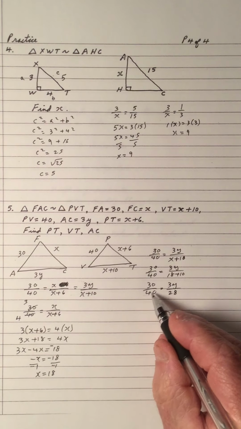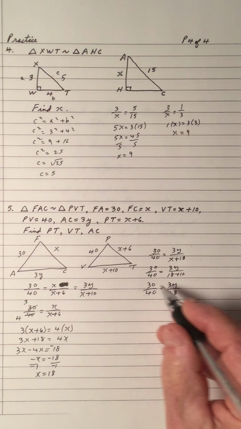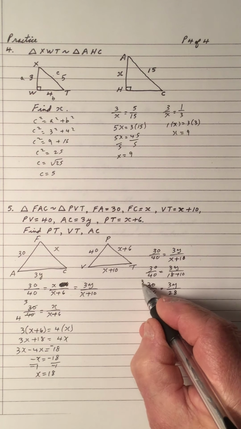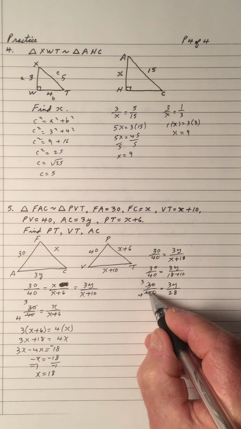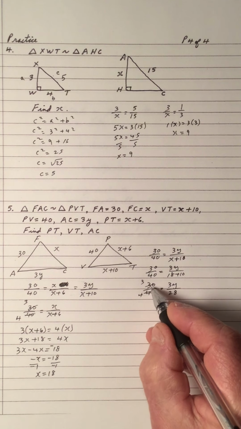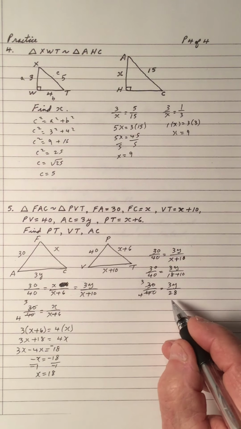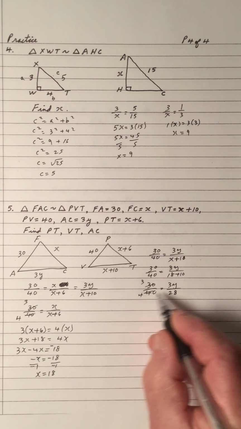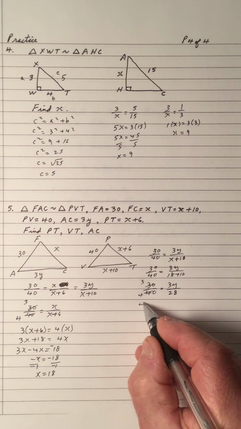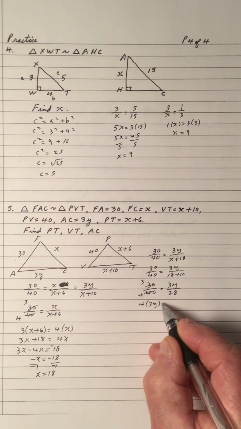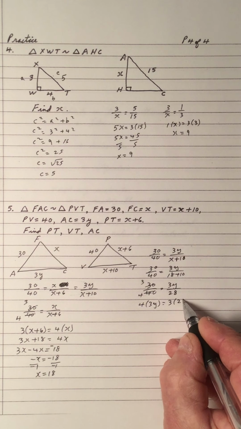Again, you're going to reduce these. Reducing these makes the numbers easier. So 10 into that goes 3, 10 into that goes 4. Remember, you reduce from numerator and denominator, but not crossways. So I'm going to multiply with the Y first. So 4 times 3Y equals 3 times 28.